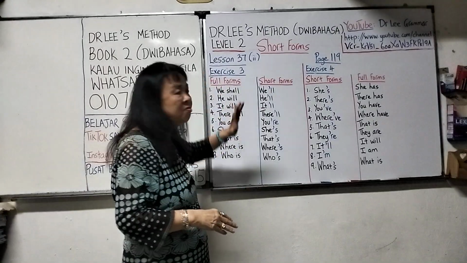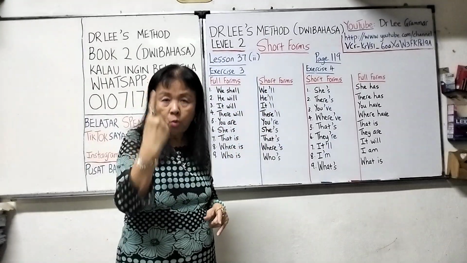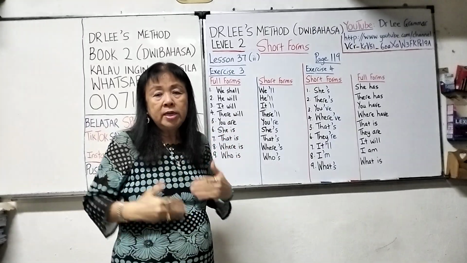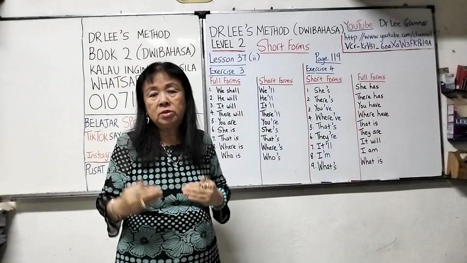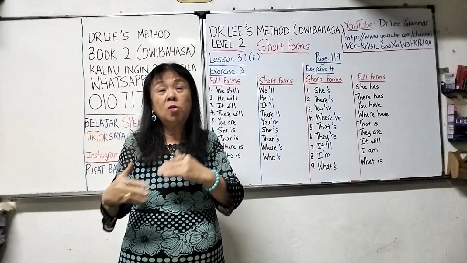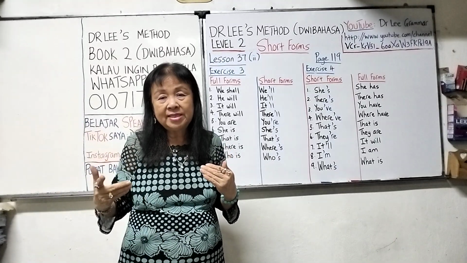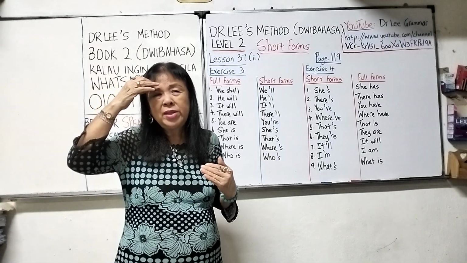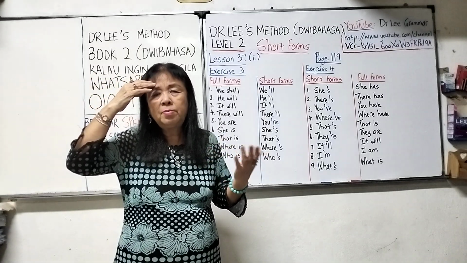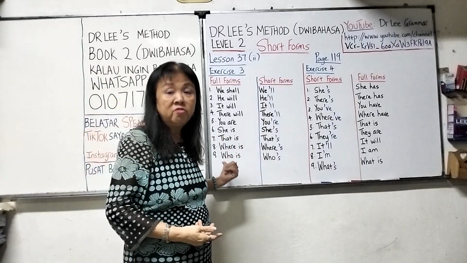So we have the full form. Full form means to say 2 words. Short forms become 1 word, the shorter version. Now why do we have to learn? Because full forms are used in your writing or your speaking during official events. When you write to companies, whether it is business or government bodies or organizations, you need to use this full form.